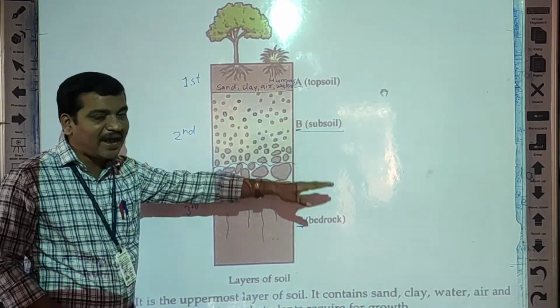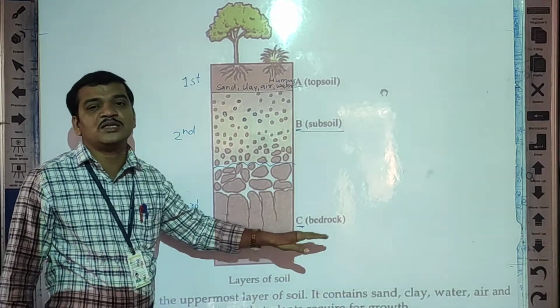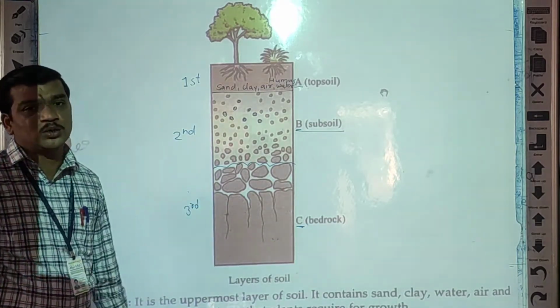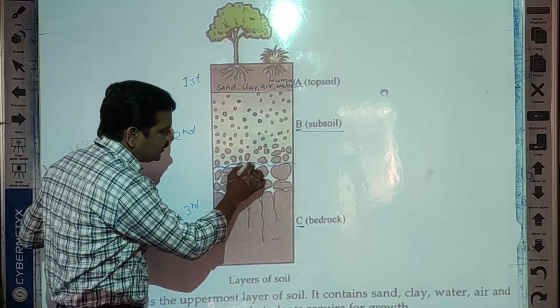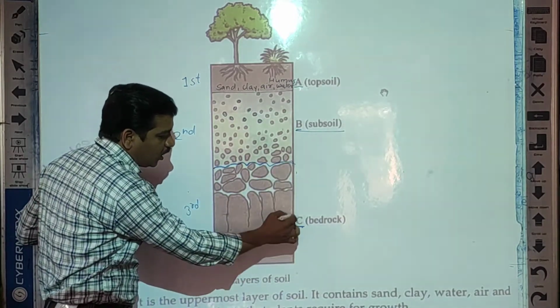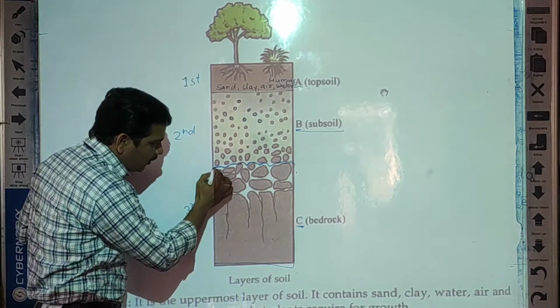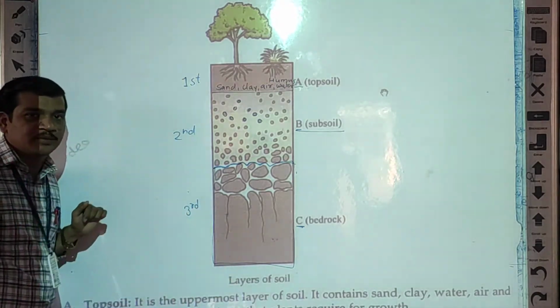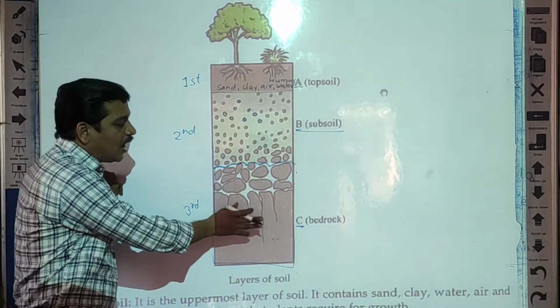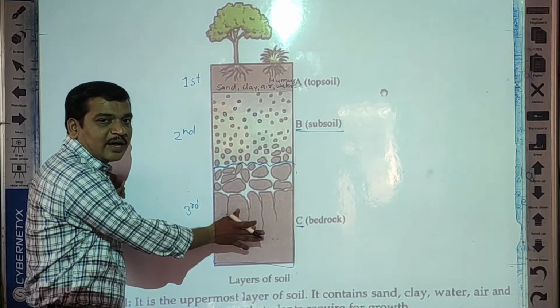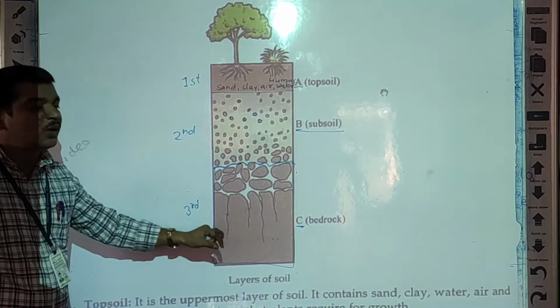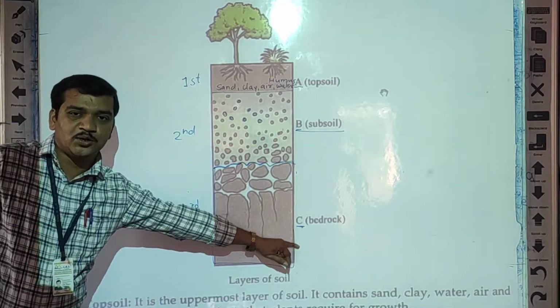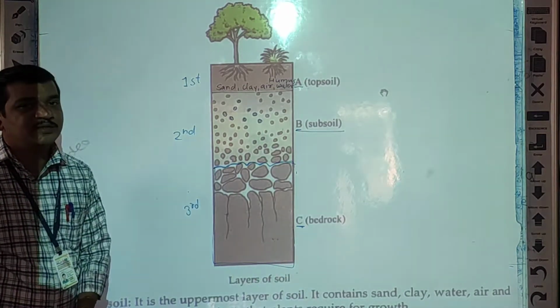A, B and C. So C horizon is also called bedrock. Most of the part in this layer is occupied or covered by rock, okay? This is the hard rock, and this hard rock is present in the third layer of soil, that is called the bedrock. Is it clear, students?